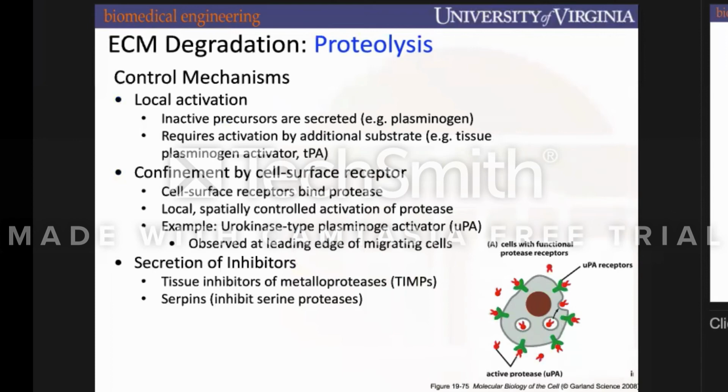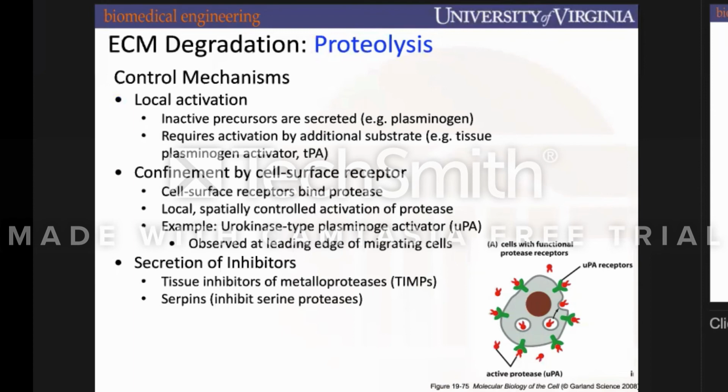And so how are these enzymes then regulated? We have what's called local activation. And so this is pretty similar to what we described when collagen is in its pro-collagen form. At the cell surface, there are enzymes that will specifically clip and release the mature form of collagen.